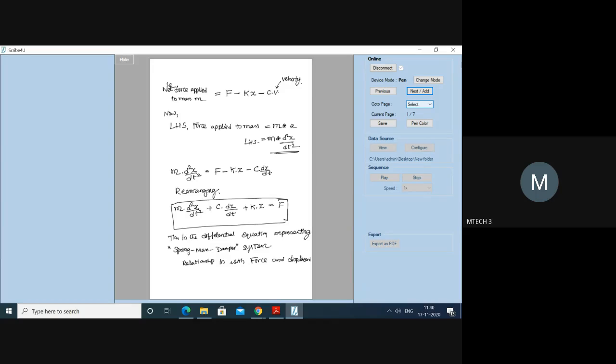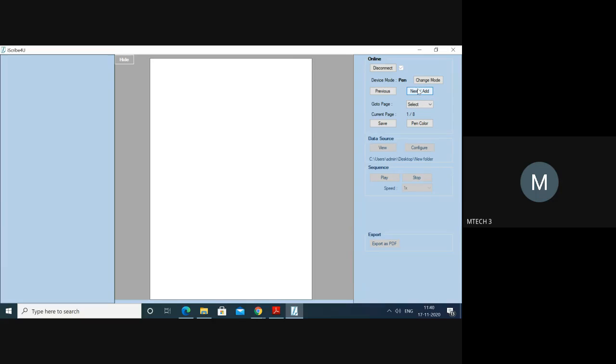Okay, right. Now with this, we'll just move on to another small exercise. Take this diagram. Write down, derive a mathematical model to represent the following system.